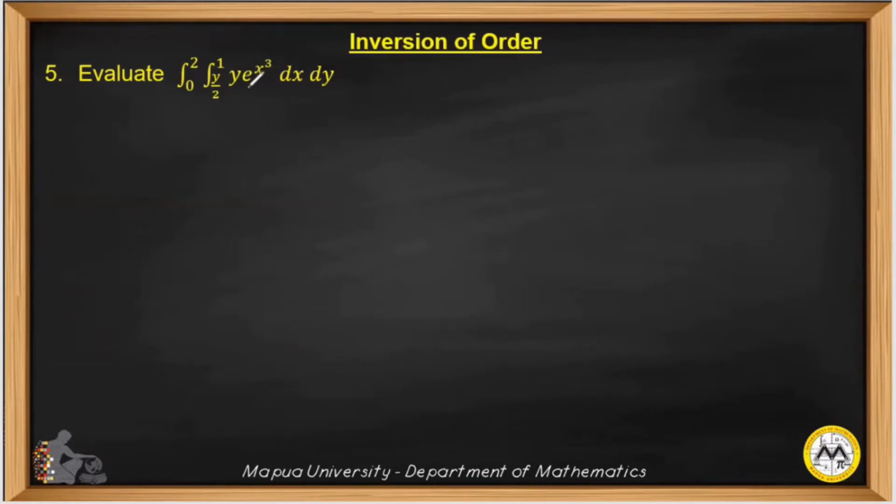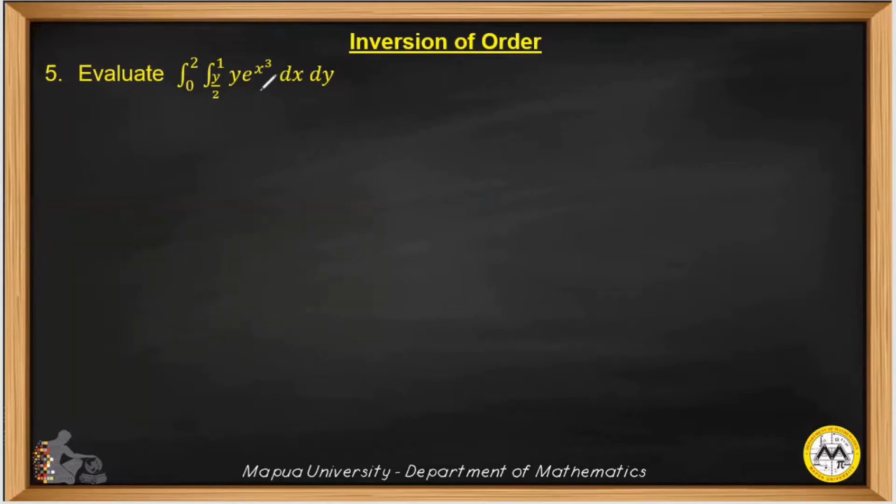And of course, we cannot simply evaluate the integral of e raised to x cubed dx since u is x cubed and the differential of x cubed is 3x squared dx, and x squared is nowhere in the integrand. So it will give us a little difficulty when evaluating the integral of e raised to x cubed dx.